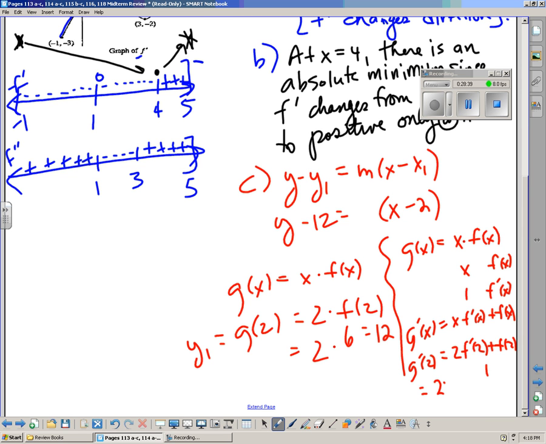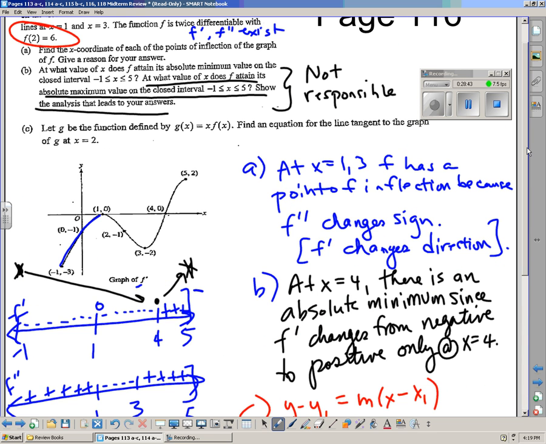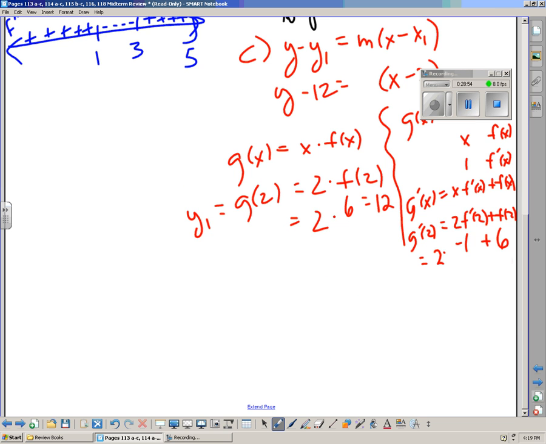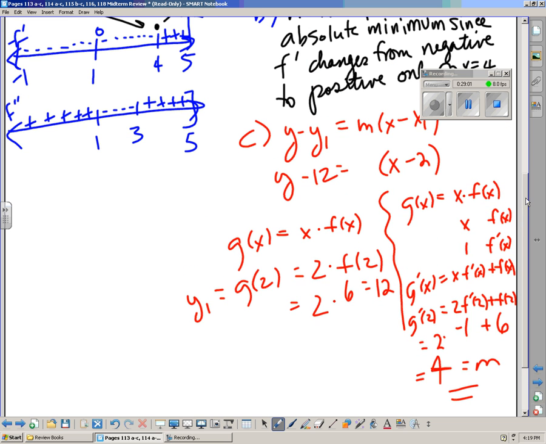F of 2 is 6. F prime at 2, I can go to the graph and grab it, because I know this is a graph of f prime. F prime at 2 is the y value of this graph, which would be -1. So 2 times -1 is -2 plus 6 is +4. This would be your slope. And this would be your tangent line. On a part 2, that would be it. I would not do anything with that equation whatsoever. I'd be done right there.